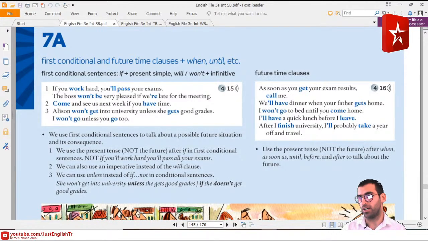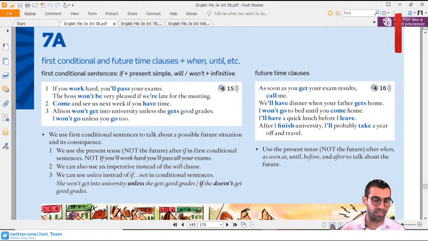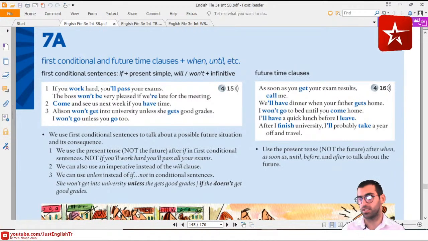Okay, so before starting to talk about the grammar, I'm gonna inform you about the first conditional. In English, we have 4 types of conditional sentences: zero conditional, first conditional, second conditional, and third conditional.